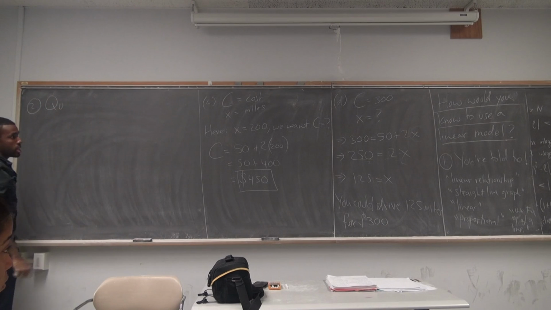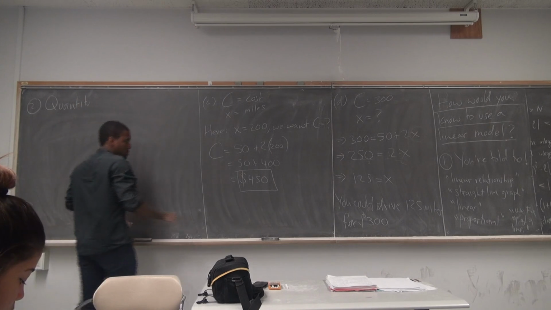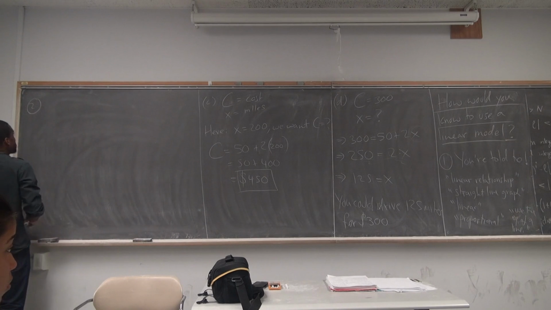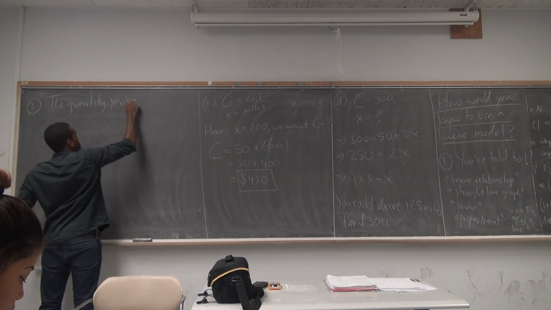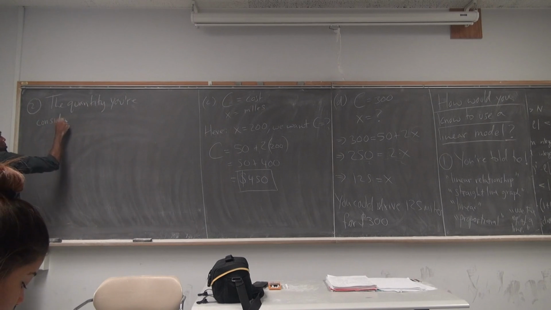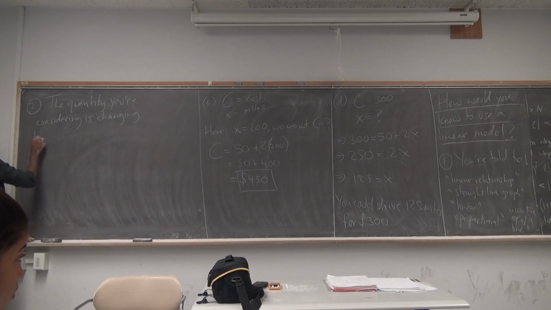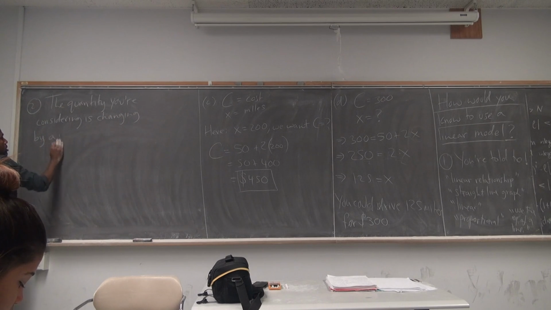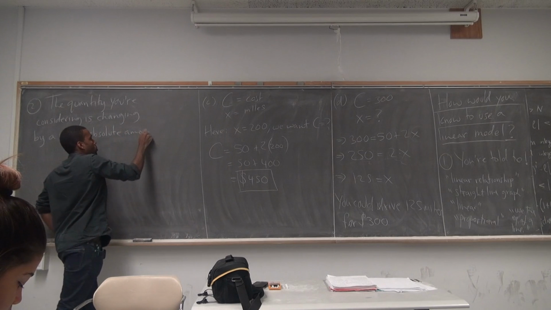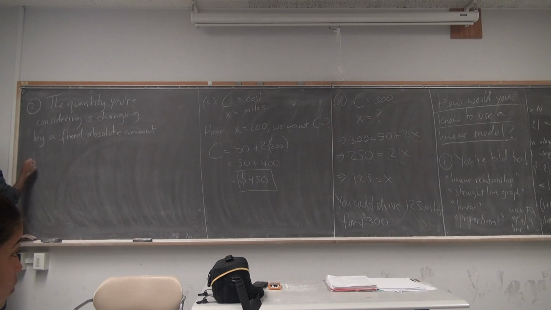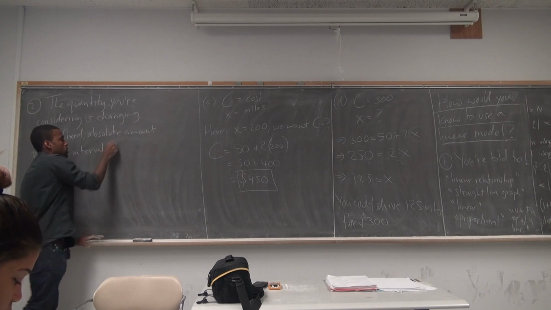You know you have to use the equation of a straight line or a linear model if the quantity you're considering is changing by a fixed absolute amount per unit interval.